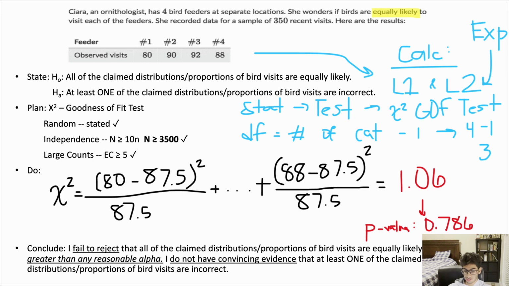We have to show our work when doing these problems, so what I would do is write the first one and the last one, as you can see, I did it in black. And then in conclusion, since the p-value is really big, I would fail to reject the H0, because the p-value is greater than any alpha, and I do not have convincing evidence.